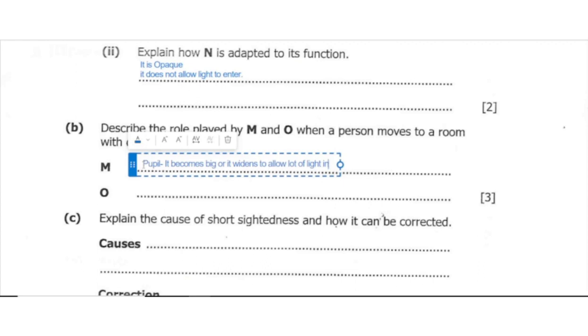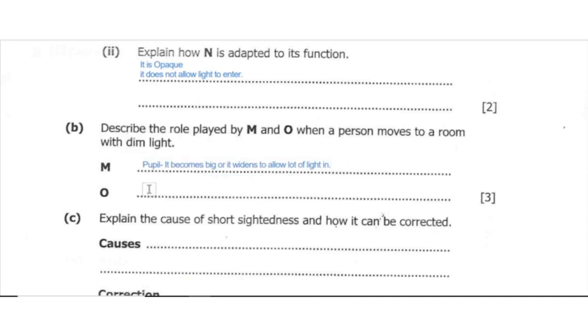So if you go into a dark area, your pupil will grow wide so that it allows a lot of light inside your eye. If you go in dim light, the pupil will become big. When we come into an area where there is a lot of light, the pupil will become small.